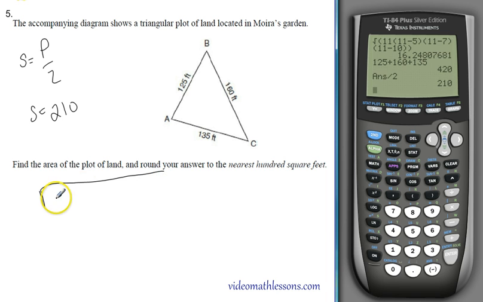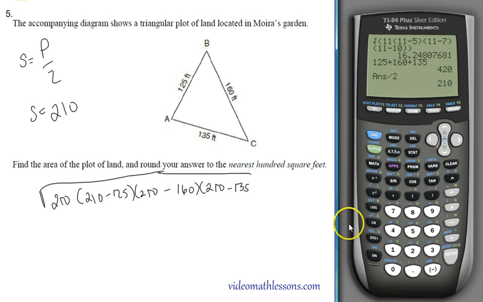Big radical. 210 times 210 minus 125, times 210 minus 160, times 210 minus 135. That radical goes over the whole thing. And I'm just going to do this all in the calculator in one shot, so you just have to be careful.